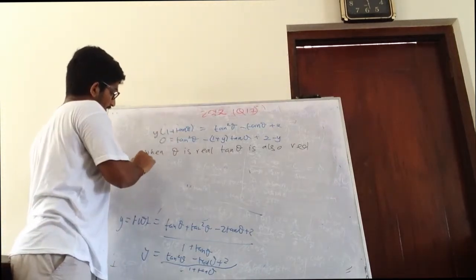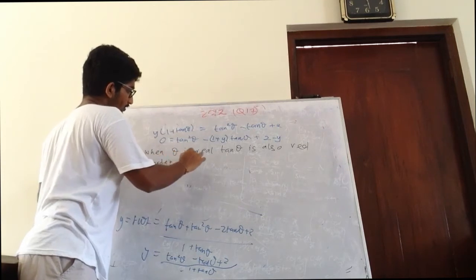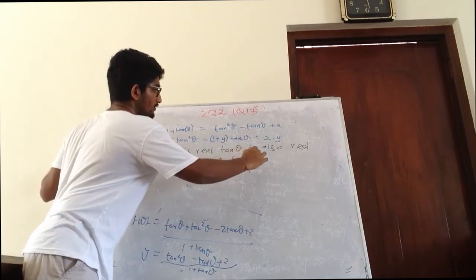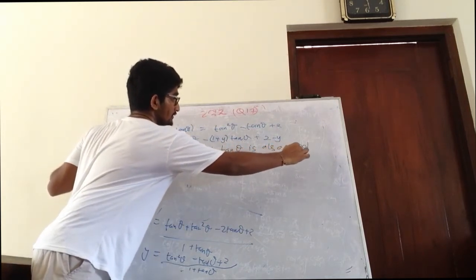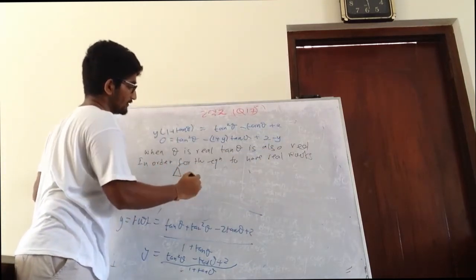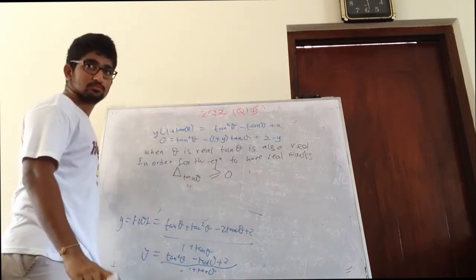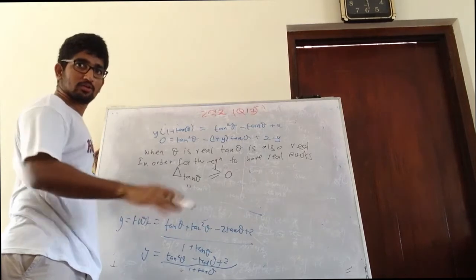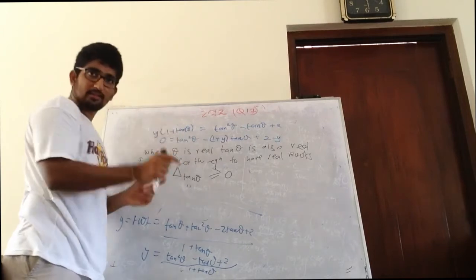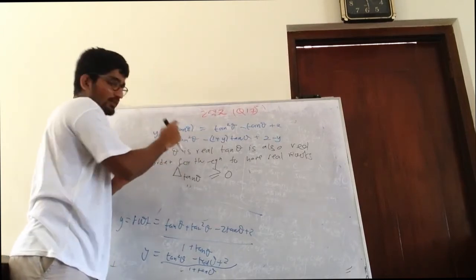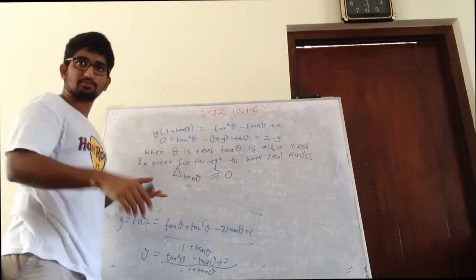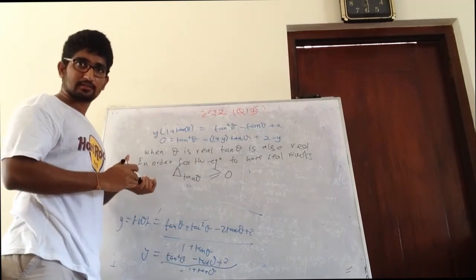So in order for the equation to have real roots, delta should be greater than or equal to 0. Agreed? So for tan theta to be real, this delta should be greater than or equal to 0.